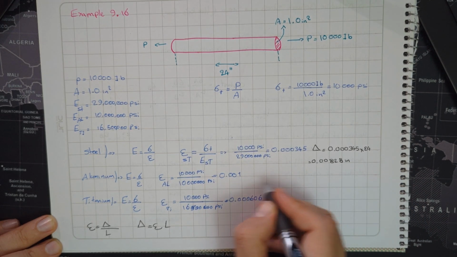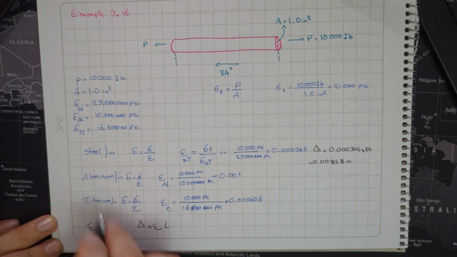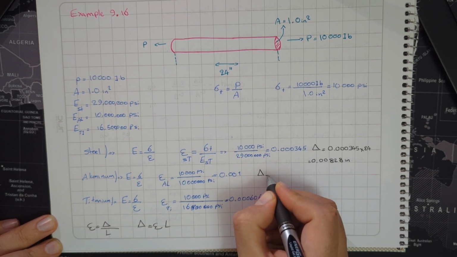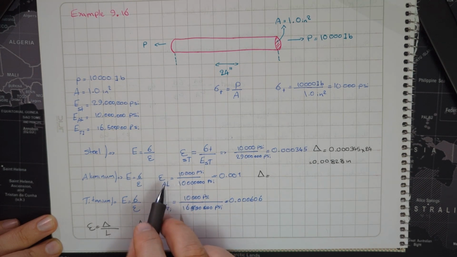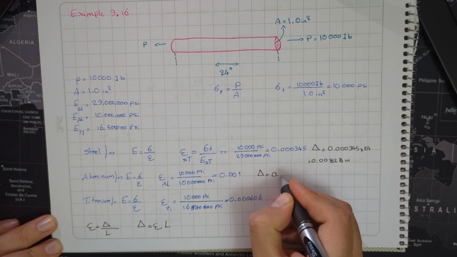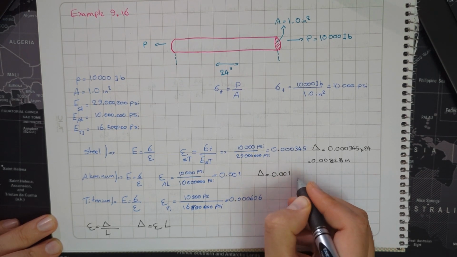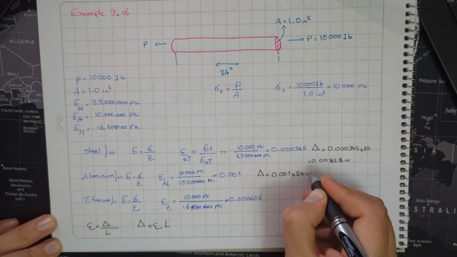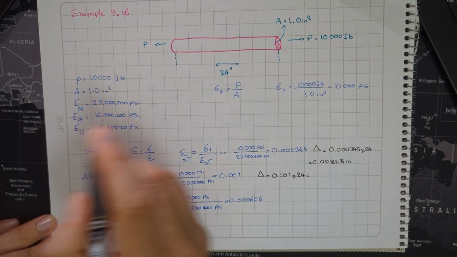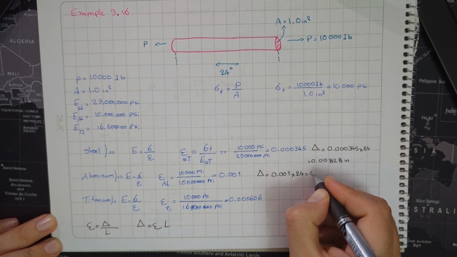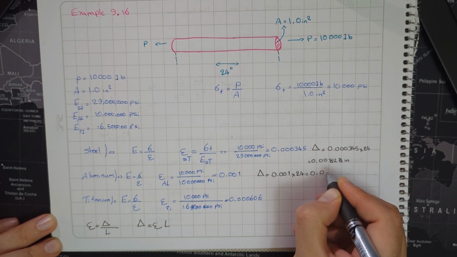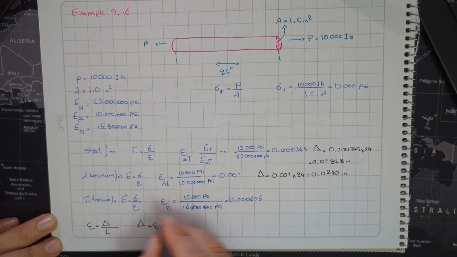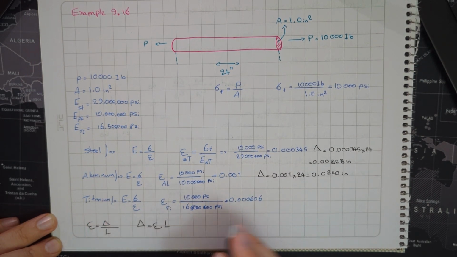So this is the answer. And for steel, delta equals epsilon times L. So 0.001 times 24 equals 0.0240 inches.